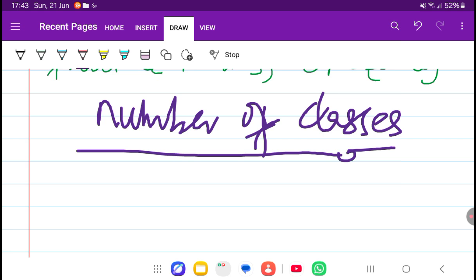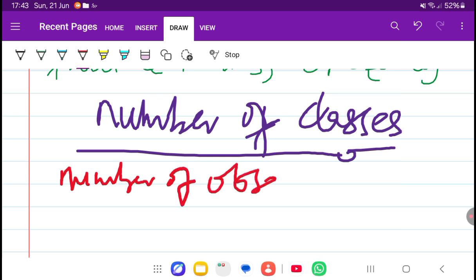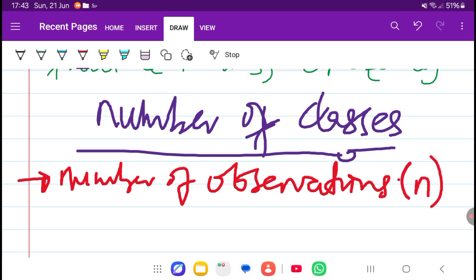First of all, we find how many we are having, the number of observations that they have given to us. Sometimes they may give you the observations when they are many. We call it n, letter n.